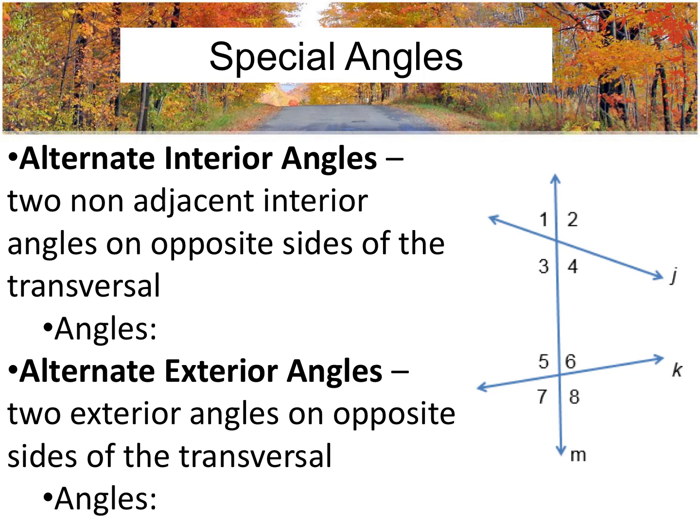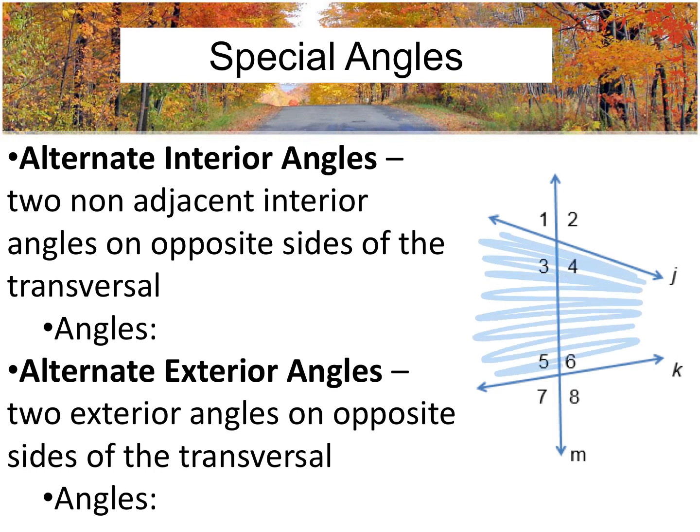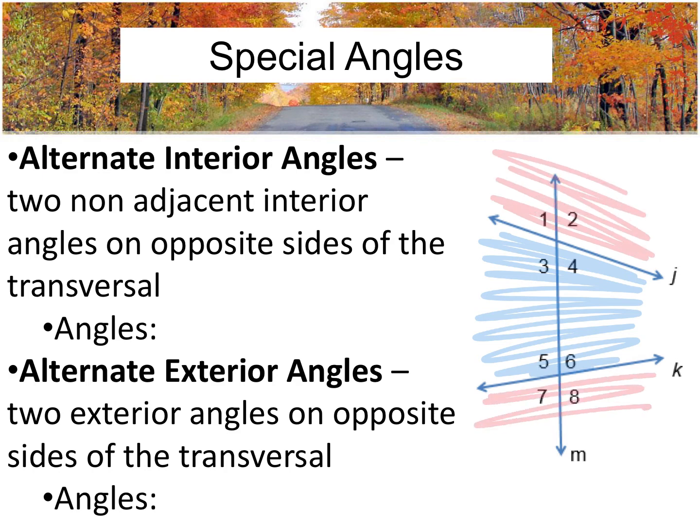So again, I've got my interior angles here. Got my exterior here. And now to identify alternate interior, I'm looking for angles in the blue, but on opposite sides of the transversal. And they can't be next to each other. So for example, 3, its alternate interior cannot be 4 because 4 is next to it.